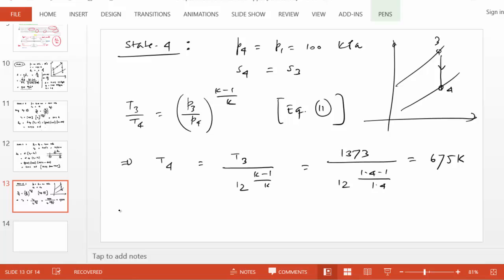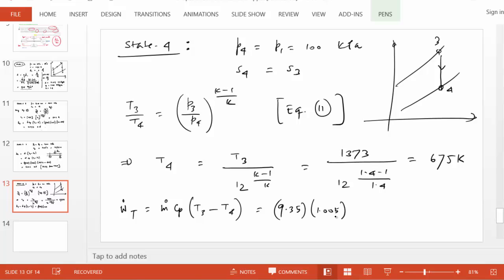If we want to find the turbine work, it will be m dot Cp (T3 minus T4): 9.35, 1.005, T3 is 1373, 675, and that is 6558 according to my calculations, but I'll not trust it.